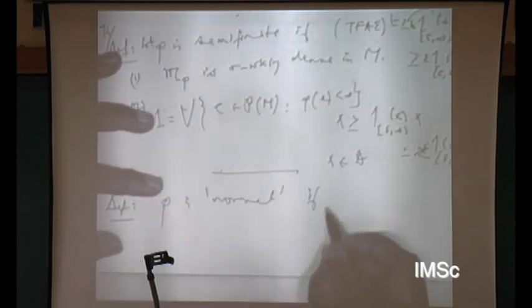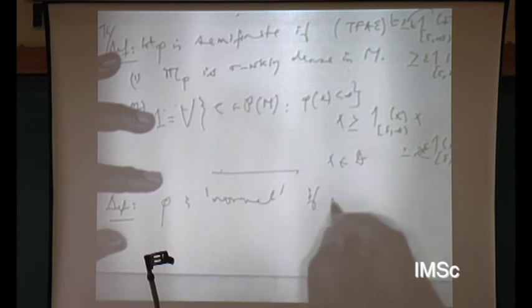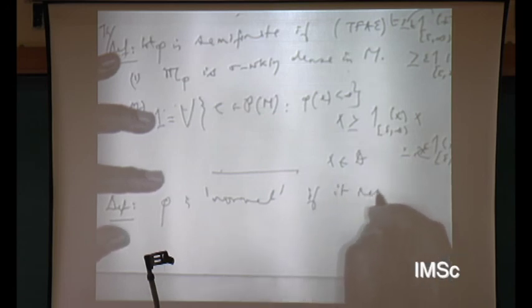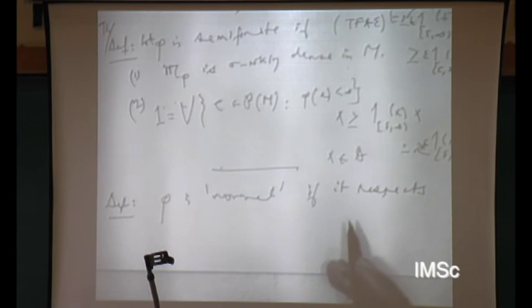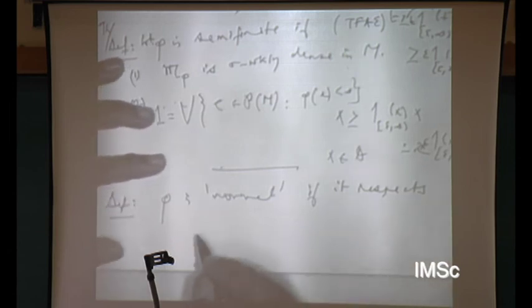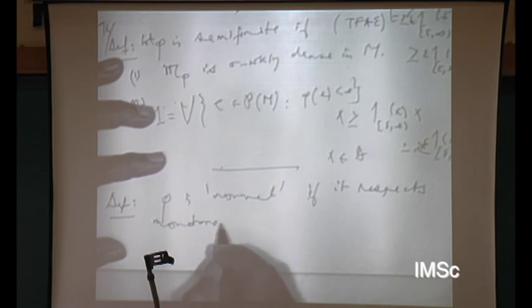Okay, phi is normal if it respects, exactly as for linear functionals, normality means sigma weak continuity. That is the same as saying monotone convergence, monotone limits.